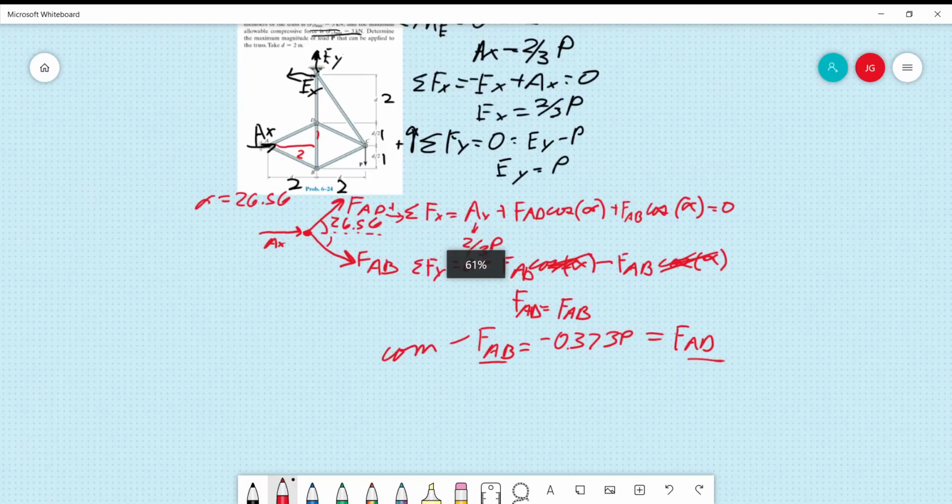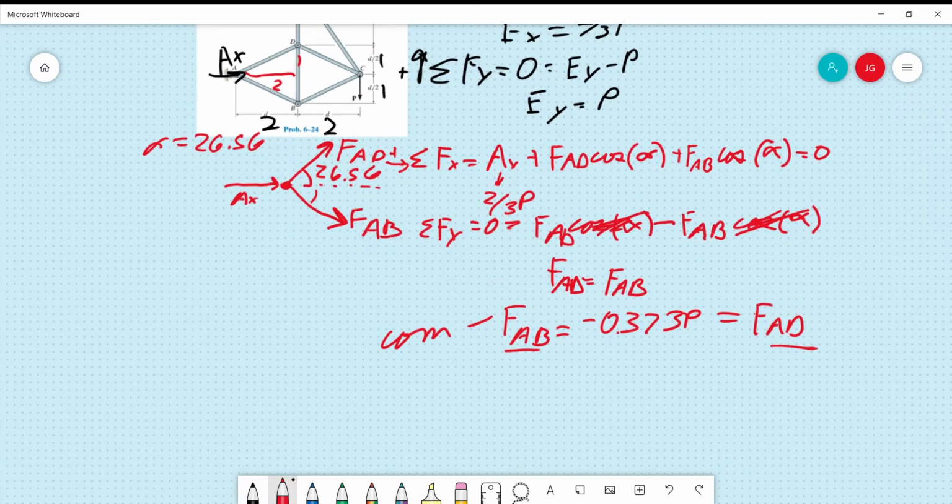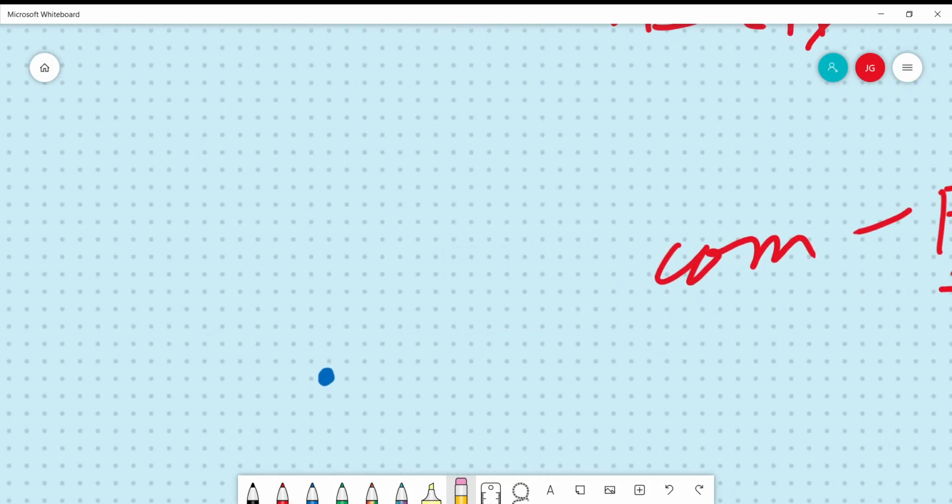Alright, and now we're just going to go to B. Just going to keep going down till we make it. Oh god, what the hell am I drawing? So then, it's B. That's FAB.